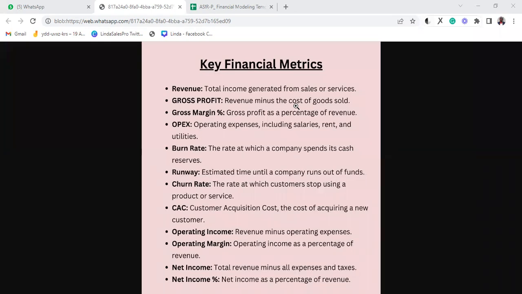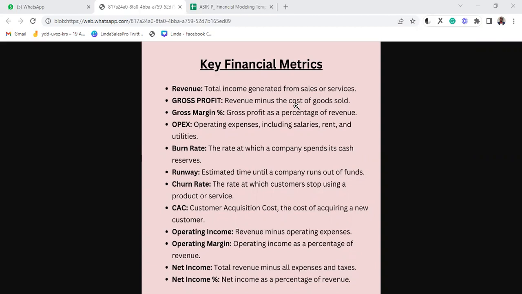So the total money you are making, right? So the gross profit is when you minus the cost of goods sold from your revenue. So you made 100 naira and it costs you 70 naira to buy that product. So your gross profit is kind of 30 naira, right?